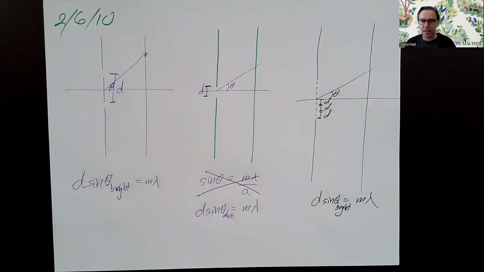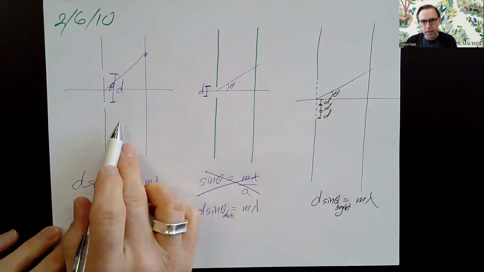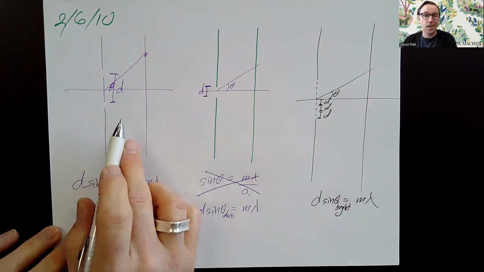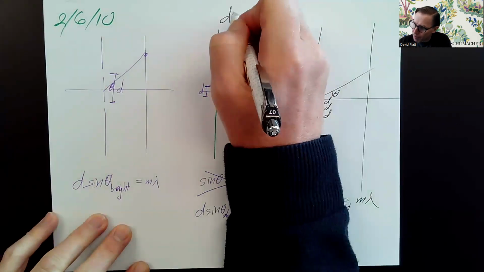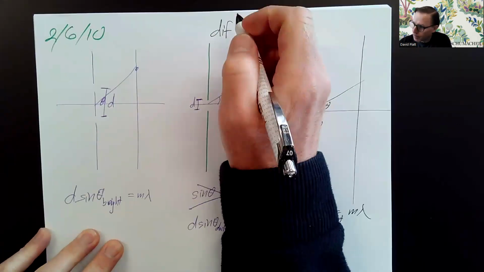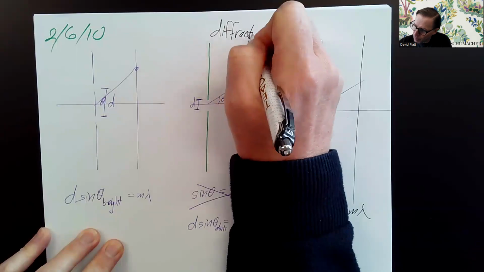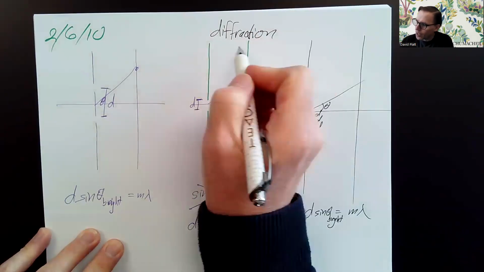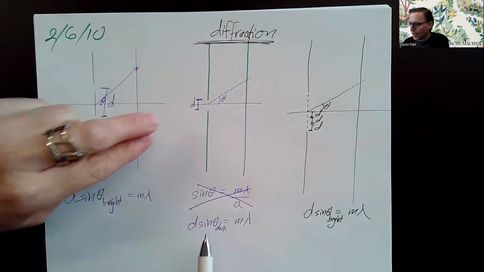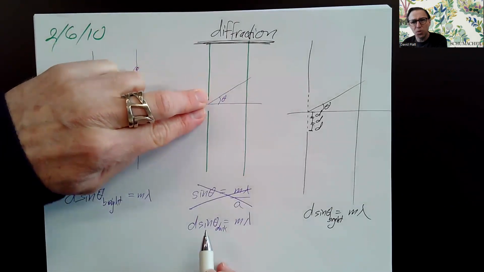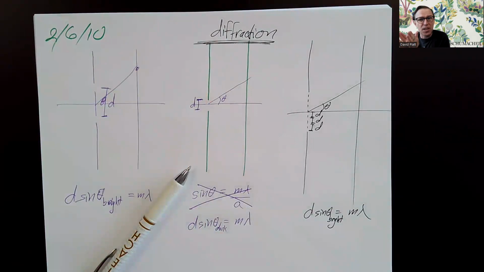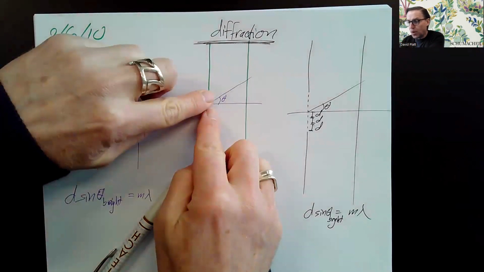Let's look at some of the finer points here. This is double slit interference, Young's double slit. This is single slit. This is called diffraction. Single slit diffraction: the phenomenon when light is traveling as a beam and it goes through a thin opening and then it spreads out.